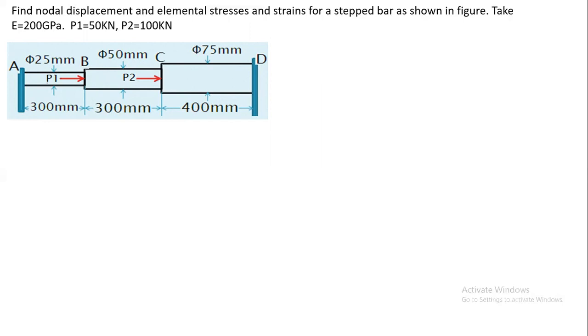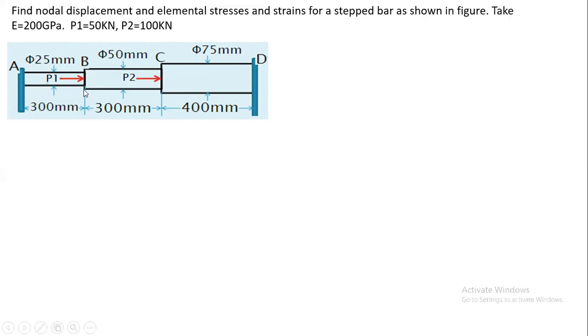So while discretizing this stepped bar, for this 300 millimeter length, we have to use one element, because at this location there is a sudden change in the geometry, that is, the cross sectional area suddenly changes.